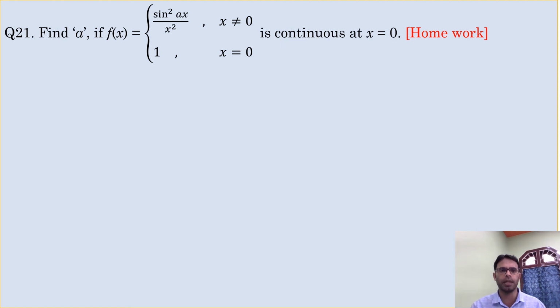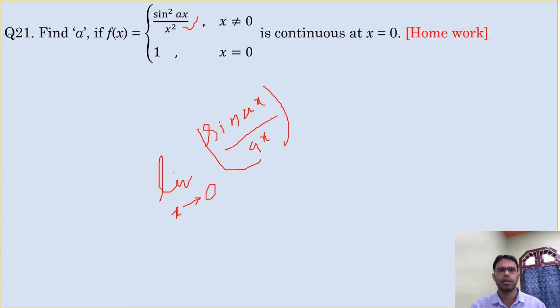We have a formula that limit of x tends to 0, here the function is sin ax. So we write sin ax divided by ax, whole square, because the given question has sin square here.